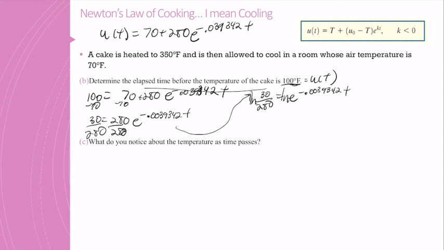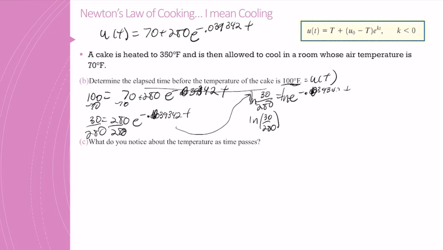So I have that the natural log of 30 over 280 equals e to the negative 0.039342 t, sorry, I already took the natural log of both sides.